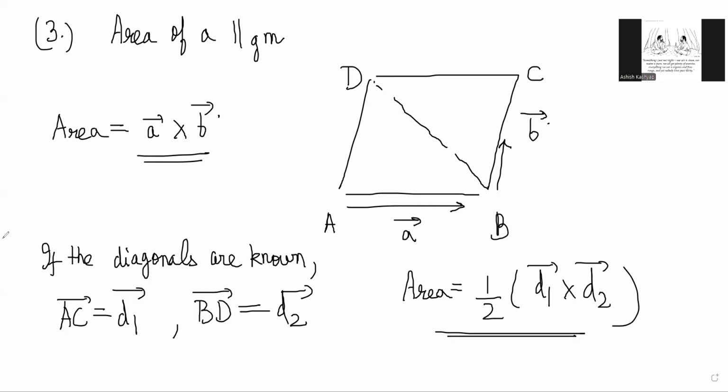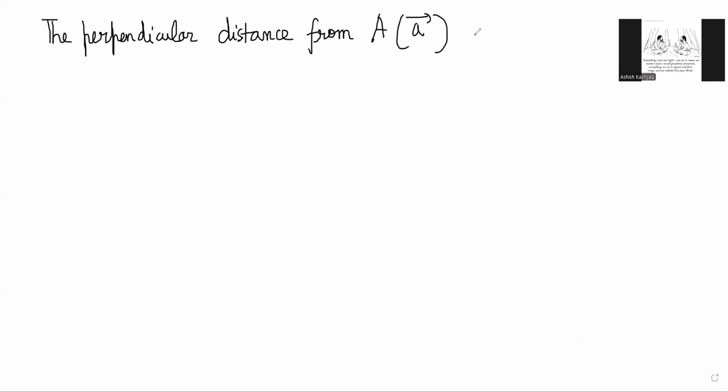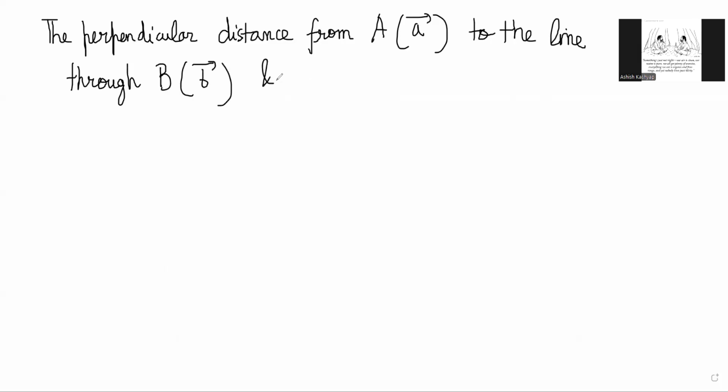The next thing that I want to talk about is the perpendicular distance. The perpendicular distance from point A, whose position vector is A cap, to the line through B, whose position vector is B cap, and C, whose position vector is C cap.